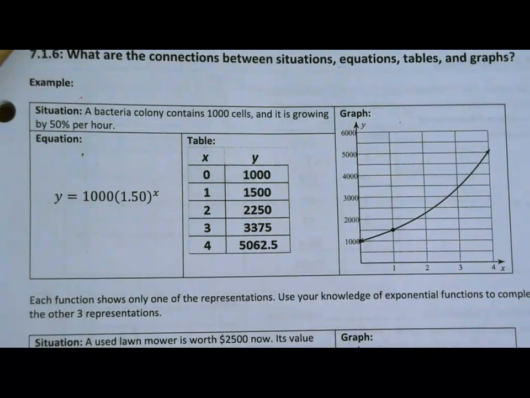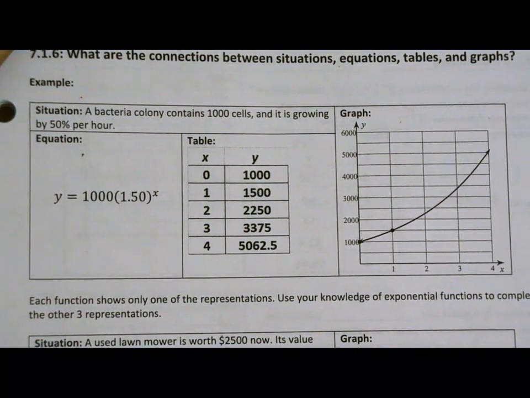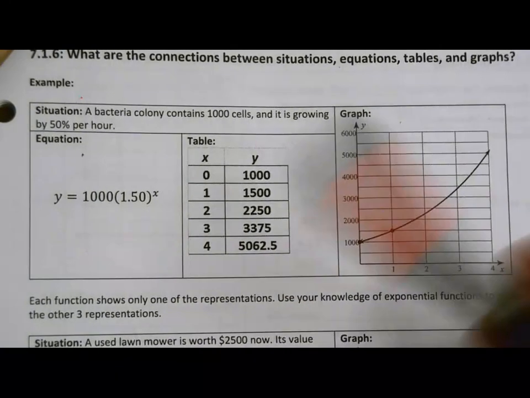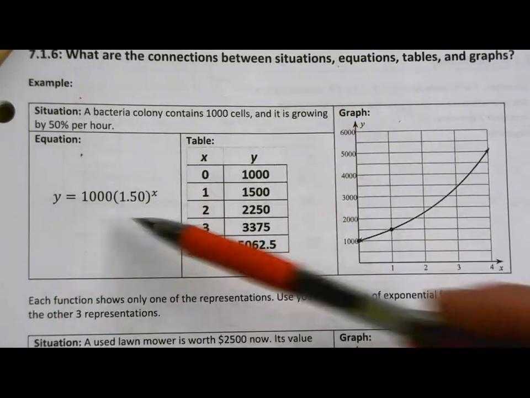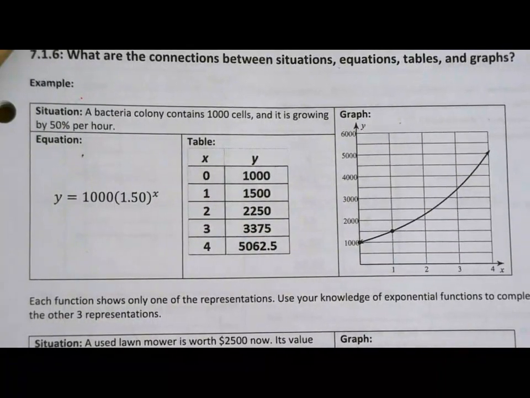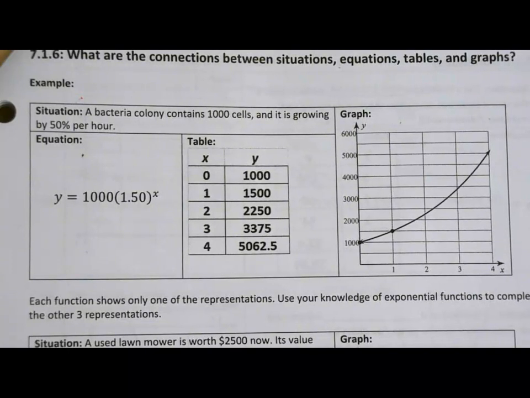My goal here is to get some written notes, and I like to draw a lot of arrows to help me see where the connections are. Can you remember where the connections are between these things? Look at the situation, equation, table, and graph. What is the one number that you see consistent in all 4 of those things for this problem?